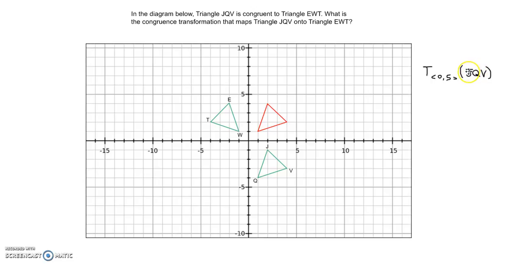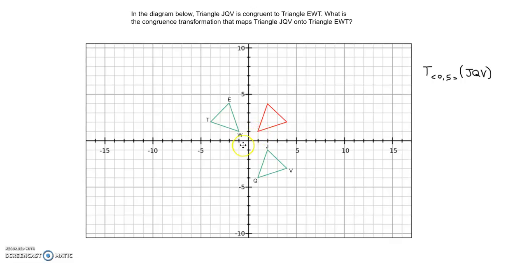We translated triangle JQV up 5 units, 1, 2, 3, 4, 5, in the y direction. So now we're faced with this triangle right here and this triangle right here, and we're trying to map this triangle onto this triangle right here, EWT.